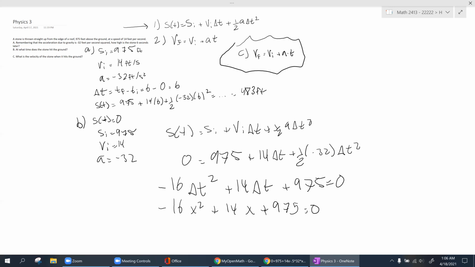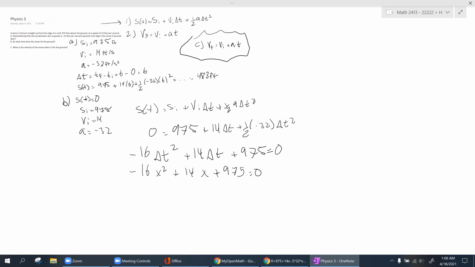You can apply the quadratic formula. So x is equal to negative b plus or minus the square root of b squared minus 4ac, all over 2a. You'd find out that your a is negative 16, your b is 14, your c equals 975.